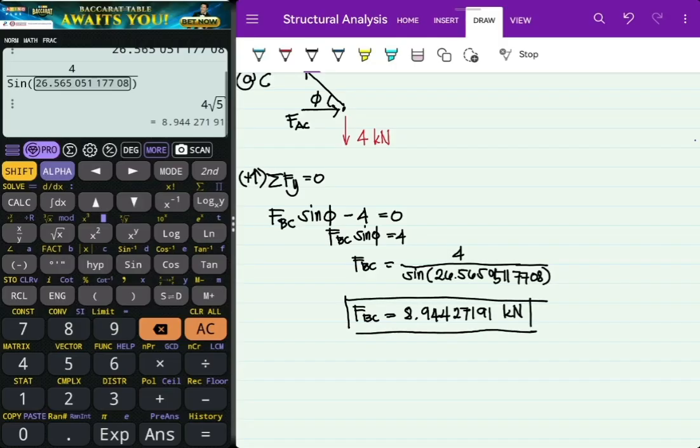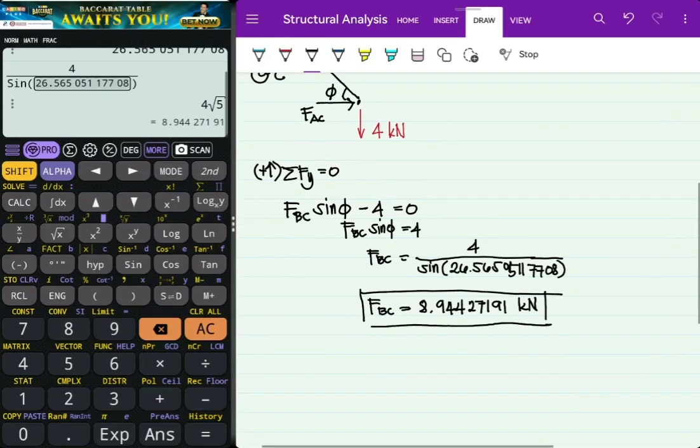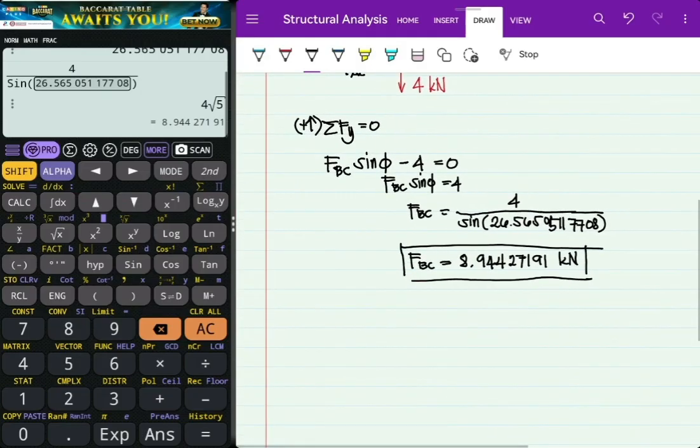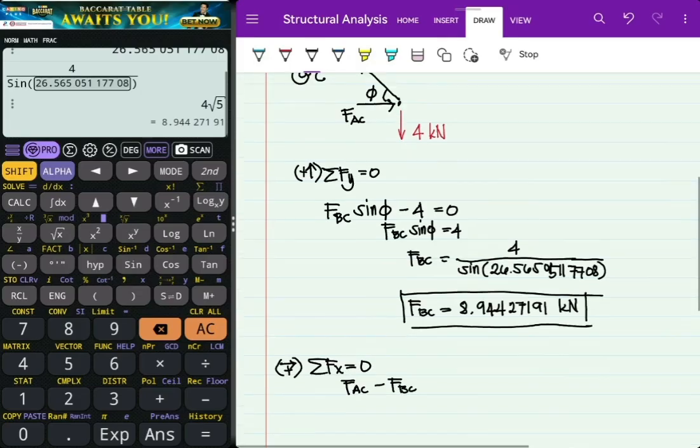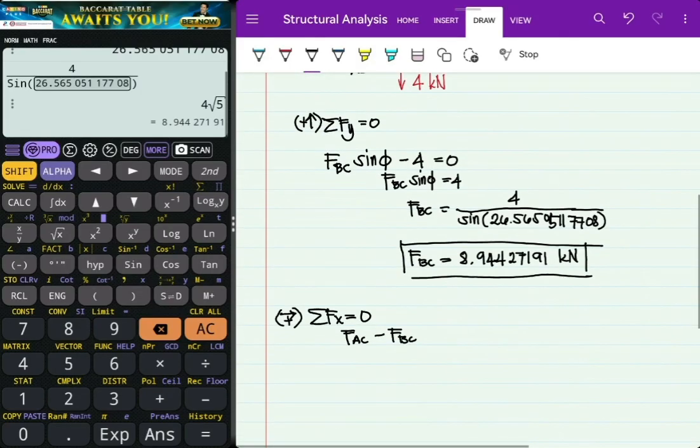Having calculated BC, we can now solve for AC, which is summation of forces x is equal to 0, assuming to the right positive. This is force AC minus force BC cosine phi is equal to 0.